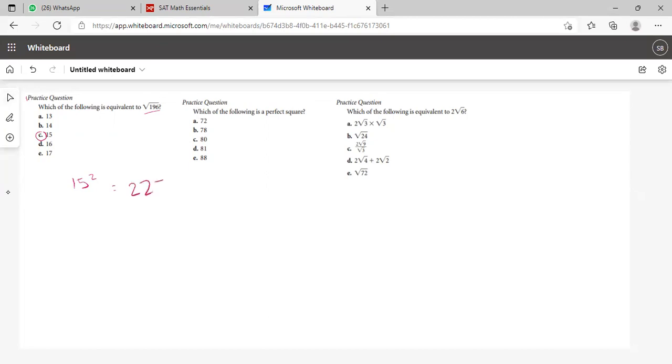Now this 225 is telling us that either 13 is the answer or 14 is the answer. Now we will solve it for 13 square, and when we multiply 13 into 13, the answer is 169. Now simply we can say 14 is the answer. We don't have to solve it, because they are not going to give this question in the calculator part.